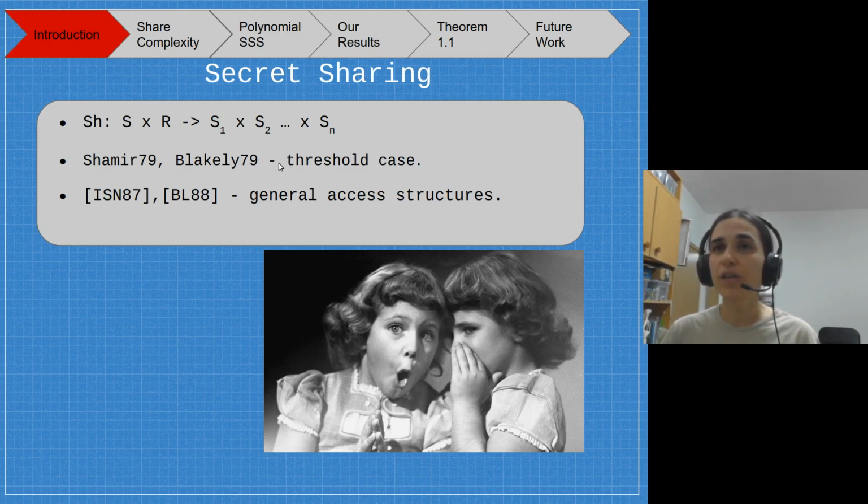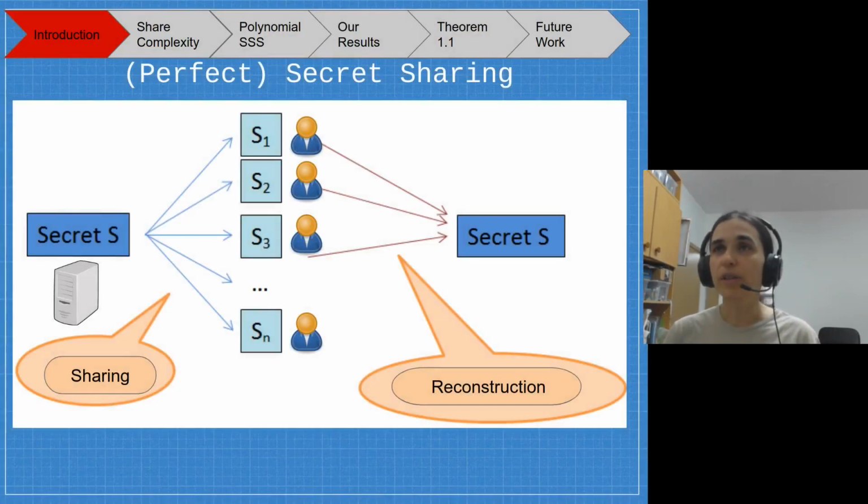And a few years later, secret sharing schemes were designed for any monotone access structure. That is, it is unavoidable that if a set can recover the secret, then any superset can recover the secret, but otherwise the access structures are arbitrary. So every access structure has a secret sharing scheme.